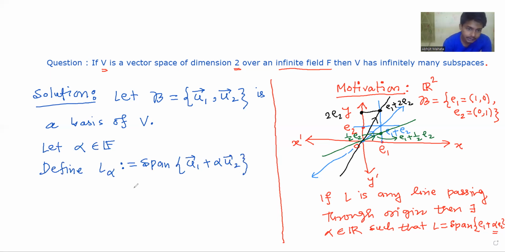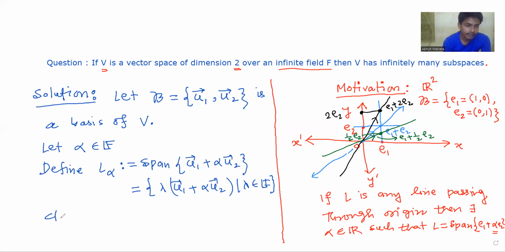So this is, you know what we know, a scalar multiple lambda of u1 vector plus alpha of u2 vector, such that lambda is from the field F. So this is by definition.